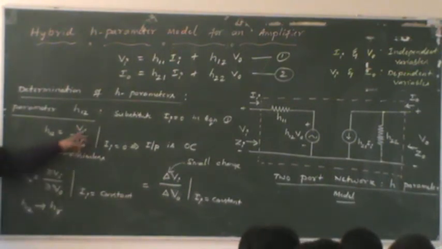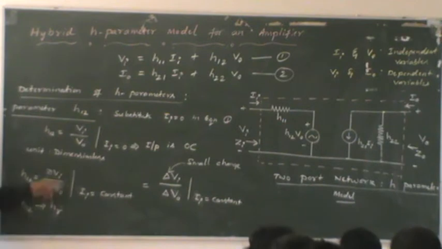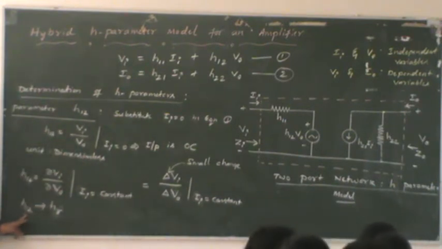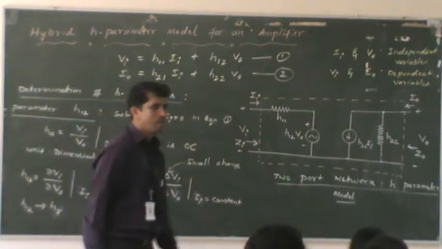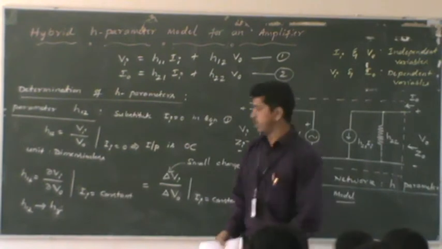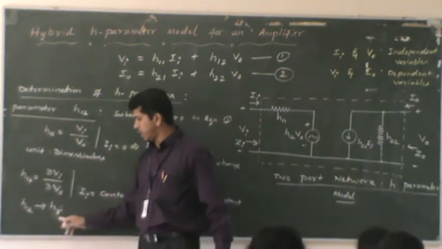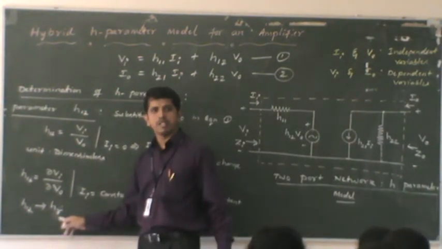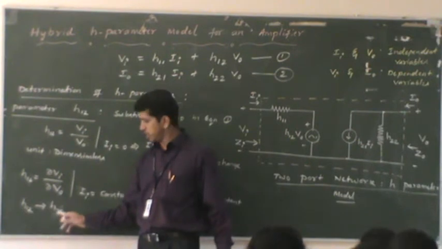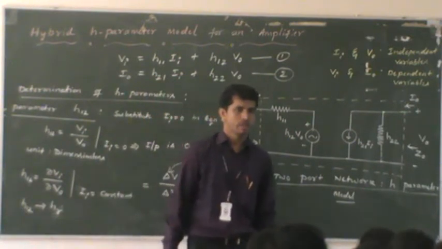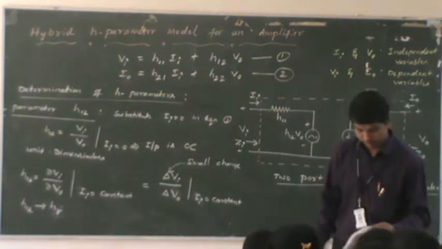Since it is a ratio of input voltage by output voltage, it is called reverse voltage gain. H12 can also be indicated as Hr. As I mentioned, for common emitter configuration this can be written as HRE, for common base HRB, and for common collector HRC. Notations will change as per the configuration.